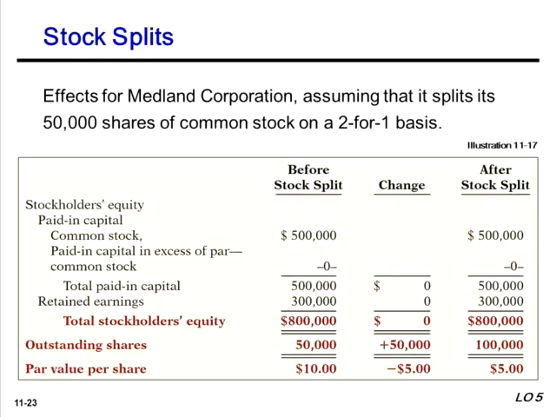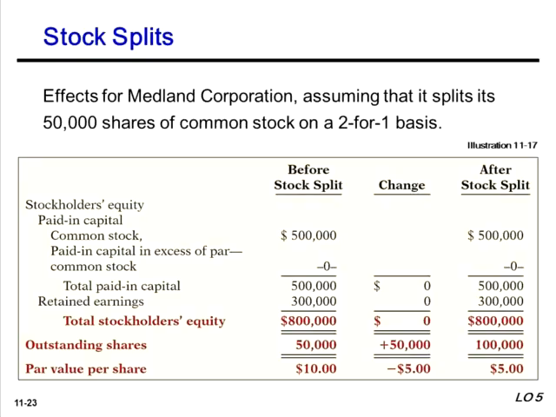This one, there are 50,000 shares of common stock and a 2-to-1 split. The balance in the common stock account of $500,000 will not change. Retained earnings will not change, so total stockholders' equity remains the same. What will happen though is that the number of shares outstanding will double. So we had 50,000, we do a 2-for-1 stock split, so that gives us 100,000 shares.